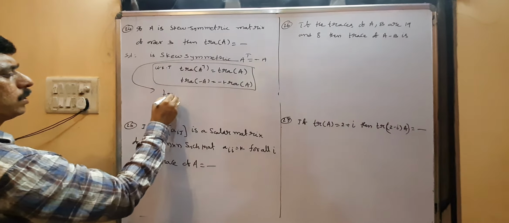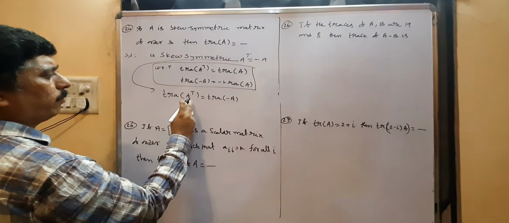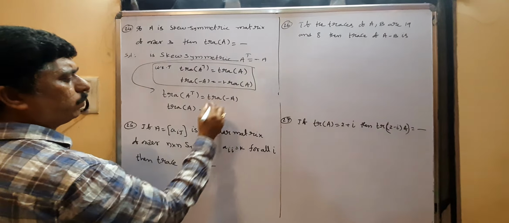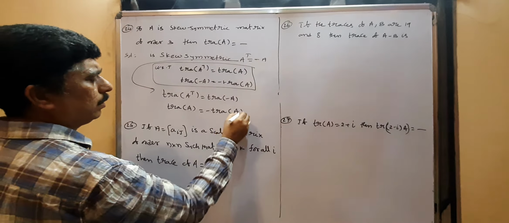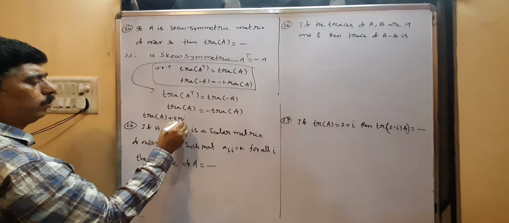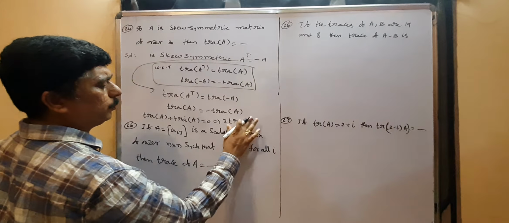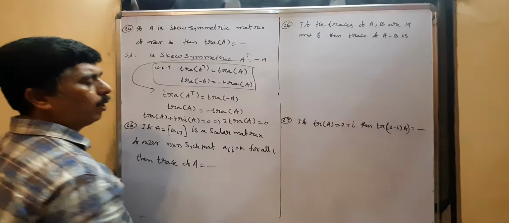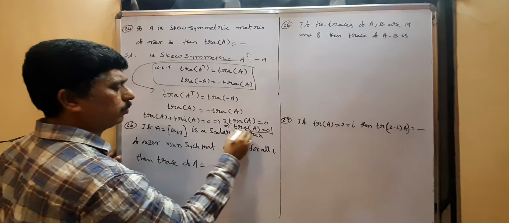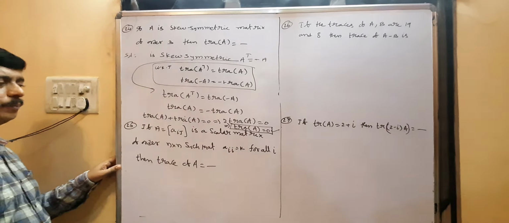So trace of A transpose equals trace of minus A. Trace of A transpose is trace of A. Trace of minus A is minus trace of A. Taking to the left hand side, trace of A plus trace of A equals 0. That is, 2 times trace of A is 0. Obviously trace of A equals 0. This is the answer.